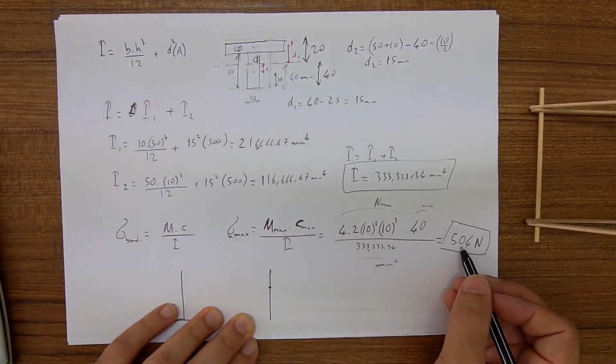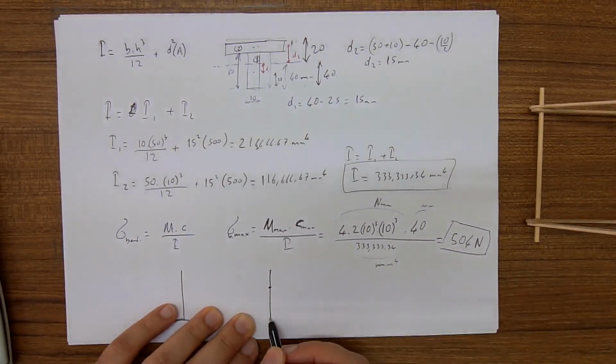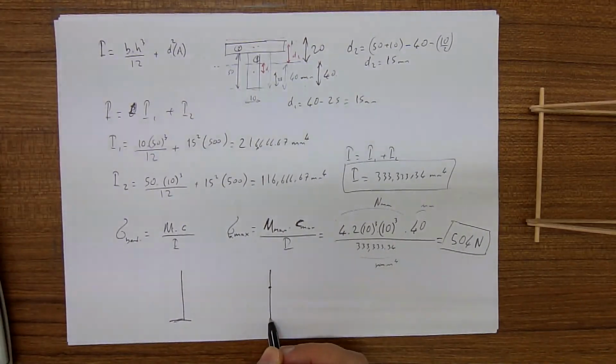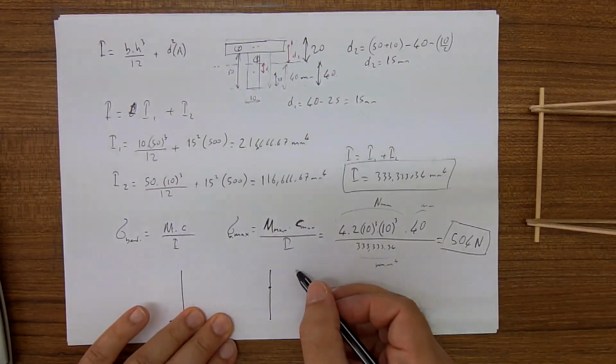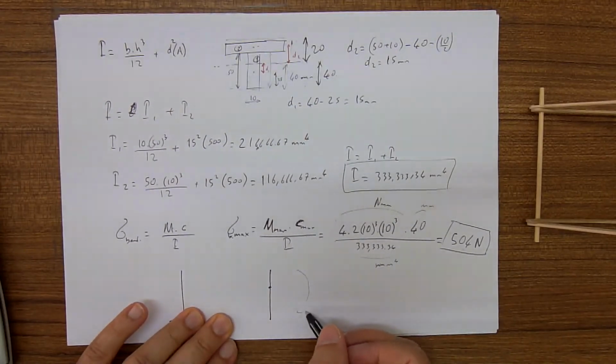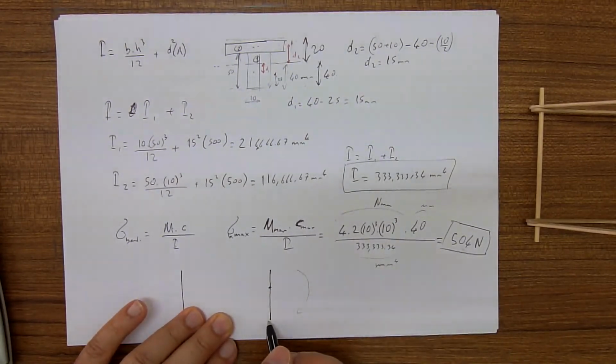We know that this is happening at the bottom of the section, and we know that the moment is negative, therefore there is this kind of internal moment applied at this section.